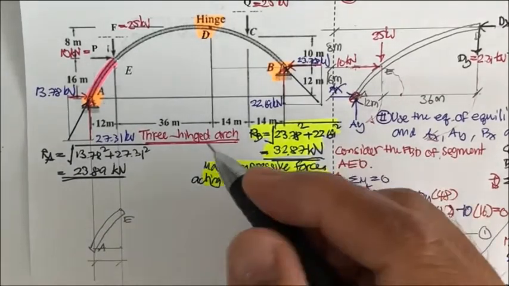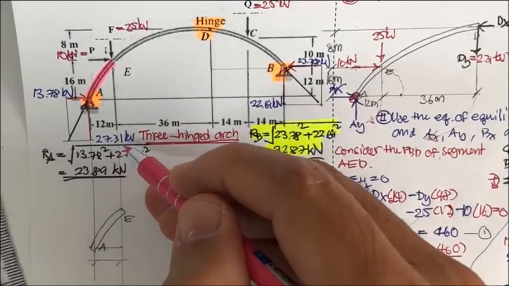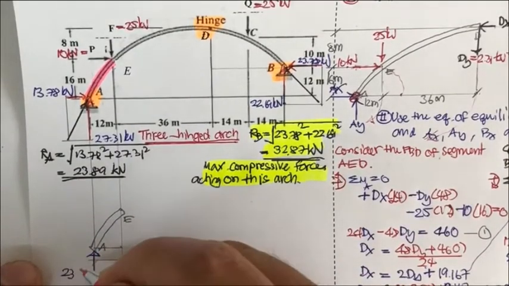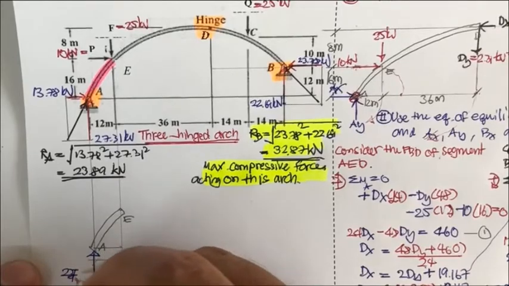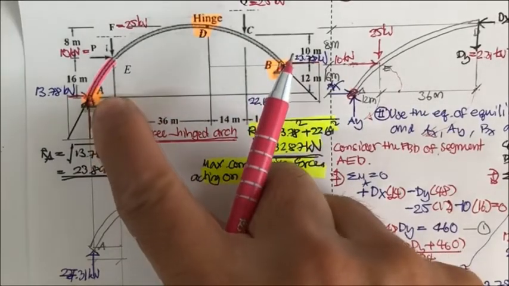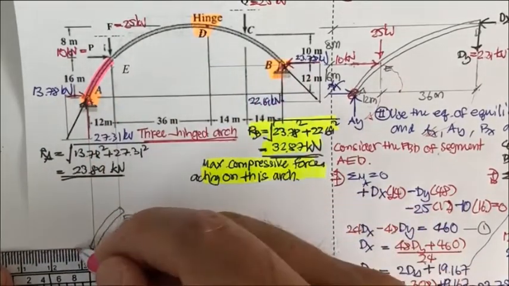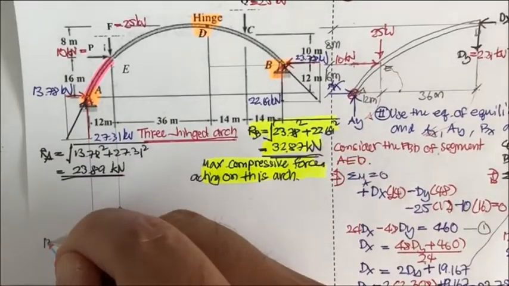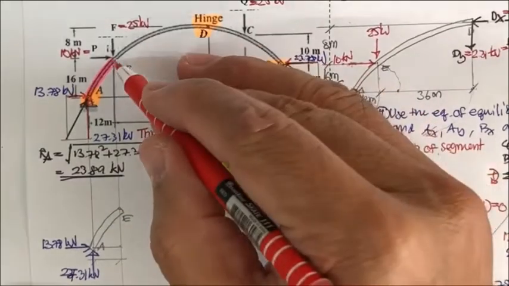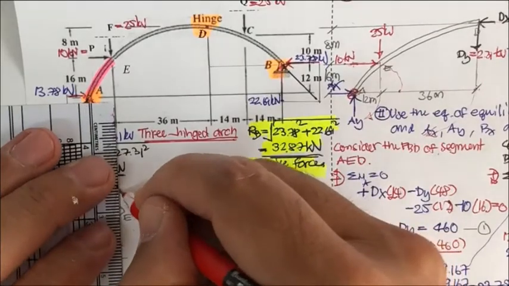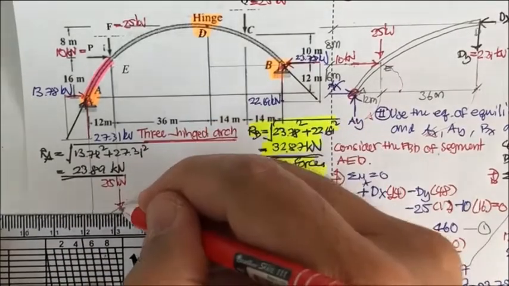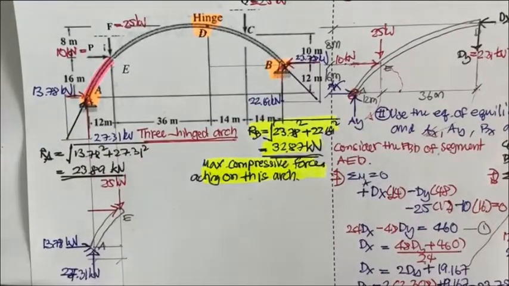Okay, and you may have 27.31 kilonewton, and you also have the compression here of 13.78 kilonewton, and at point E you have 10 kilonewton and 25 kilonewton, so this is going to be 25 kilonewton, and this is going to be the 10 kilonewton.